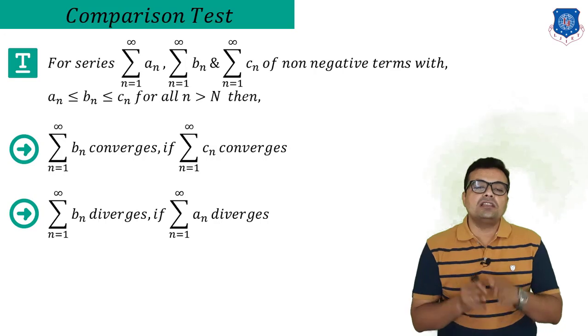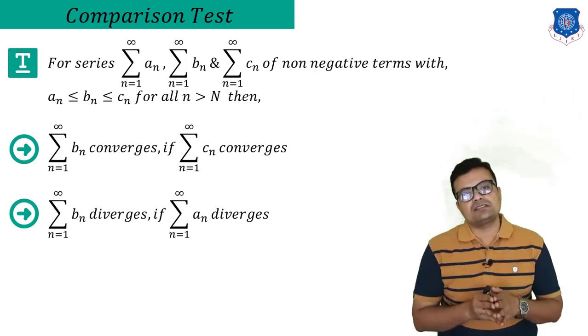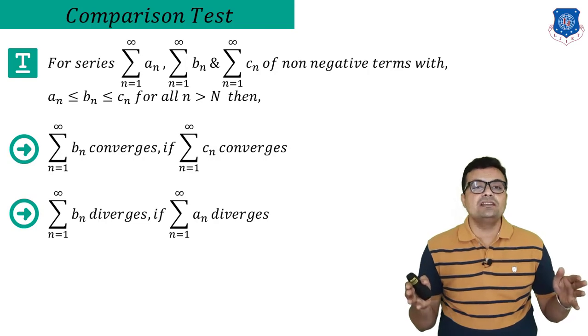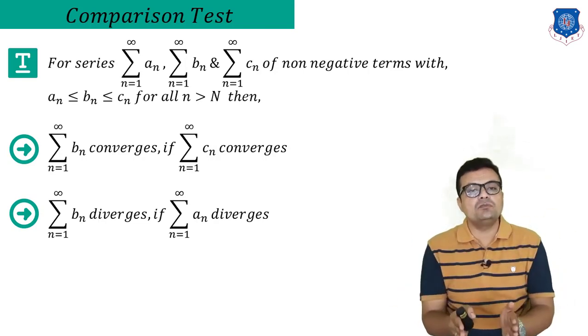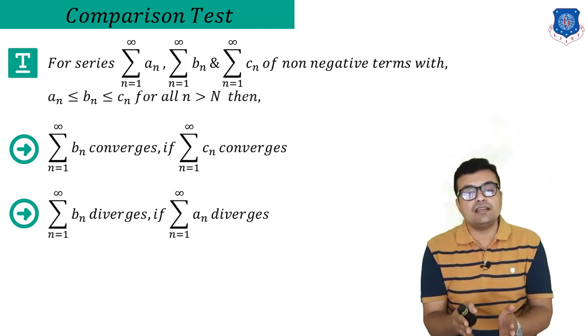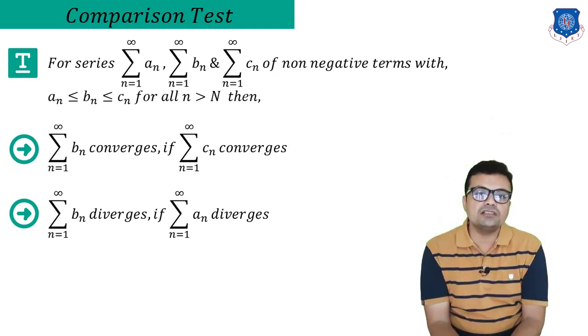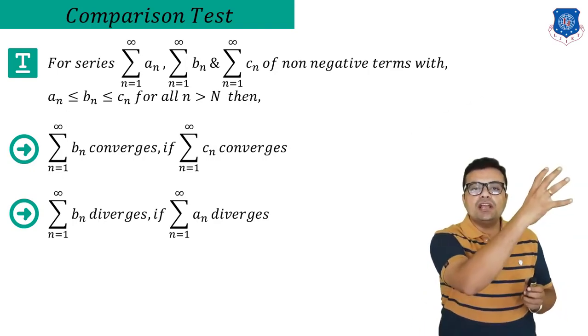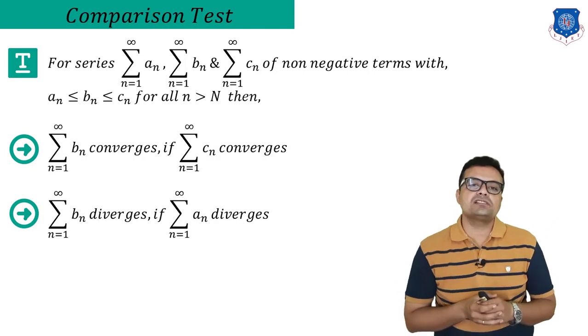Suppose you have three different sizes of boxes. The biggest box has volume cn. In that you are putting another box with a comparatively smaller volume bn, and in bn you are taking another box of volume an. And then you are following a chain of all such boxes.